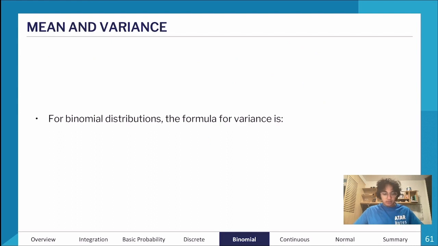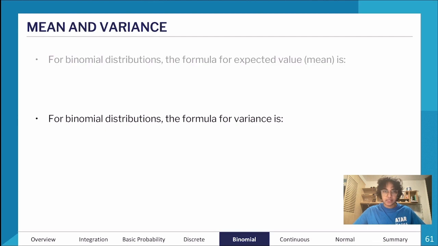Okay, so the binomial distribution has a different formula for mean and variance. And so this is as follows. For the mean, it's just the number of trials times the probability of that trial, which is quite nice, right? It makes sense if you think about flipping a coin as well, right? The probability of flipping a coin is 0.5.